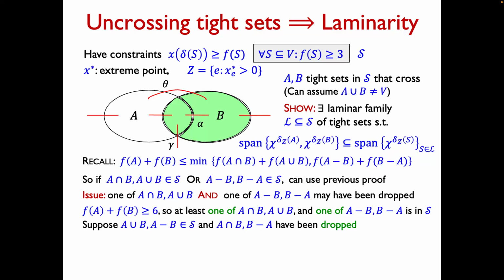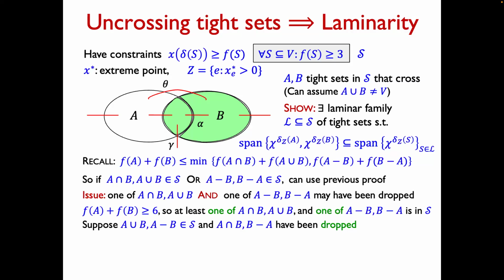Let's say from A intersect B, A union B is in my collection and A intersect B has been dropped, that green shaded thing, and from the other pair, let's say A minus B is in my collection, but B minus A has been dropped. There are really four cases here, but once you do one case, the other cases are symmetric. So let's look at this illustrative case.